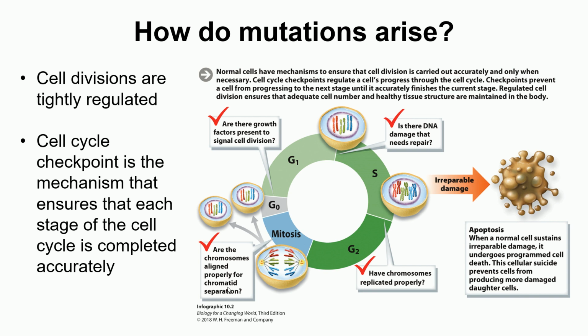But what happens if the proteins which are present at every checkpoint get mutated? If those proteins get mutated, then they become dysfunctional. So if a tumor suppressor protein, which takes care of the cell if there is any damage to the DNA, gets mutated, then it will not be able to perform the function.